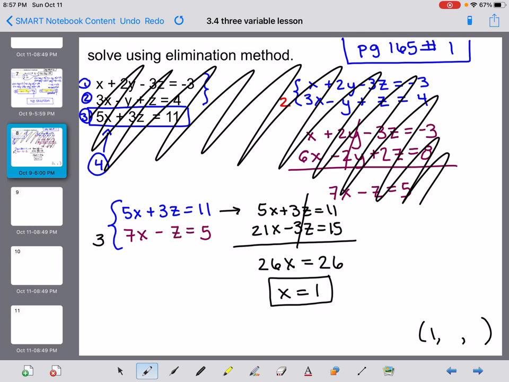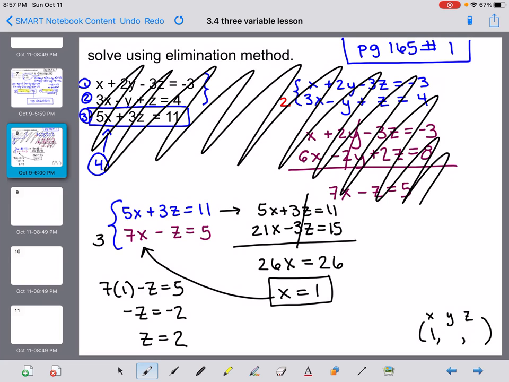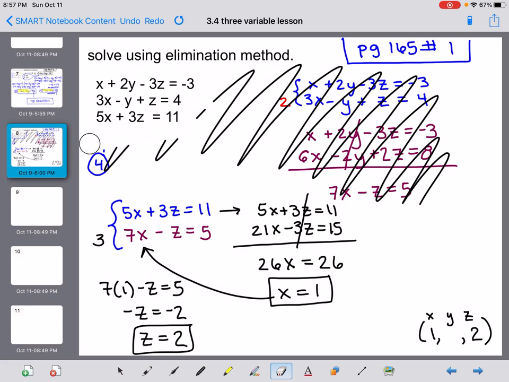I'm going to take x equals 1, put it back somewhere. So I'm going to put it back right here. I could have also put it into the 5x plus 3z equals 11. Right, so negative z equals negative 2, so z equals 2. So remember x, y, z, alphabetical order. And now I need one more value of y. So I'm going to go back to my original system up here.